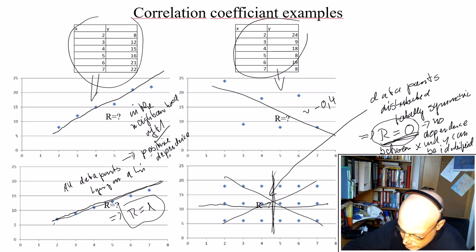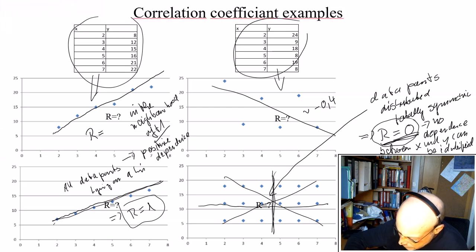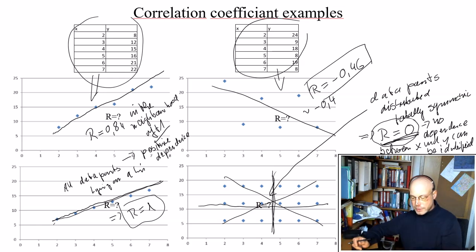So this was done. R is 0.84, and in this case we had R equals minus 0.46.